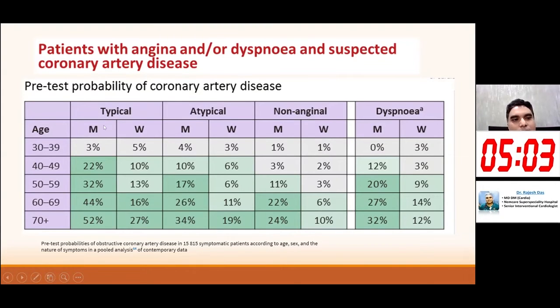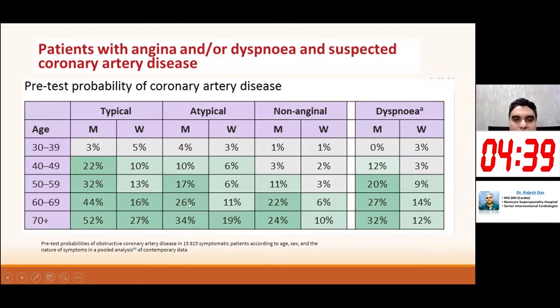Here we can see that based on the age of the patient, the sex of the patient, and the clinical picture, whether typical angina, atypical angina, non-anginal chest pain, or dyspnea, we can further stratify the probability of obstructive coronary artery disease. Here you can see the color coding.